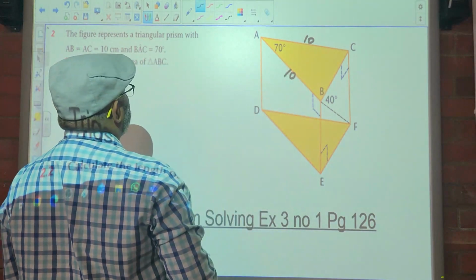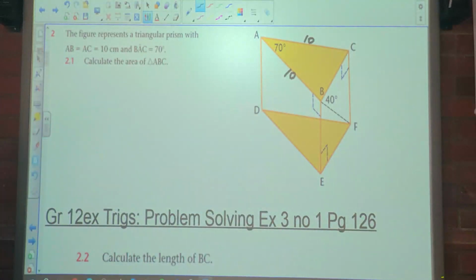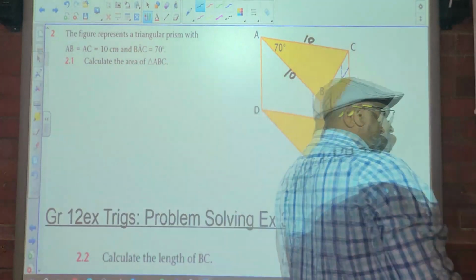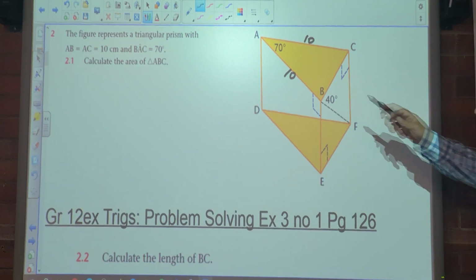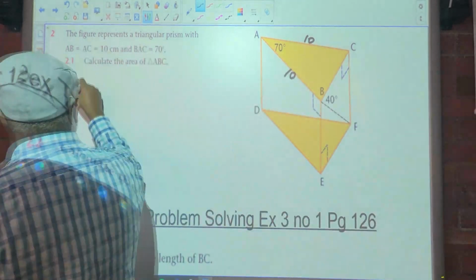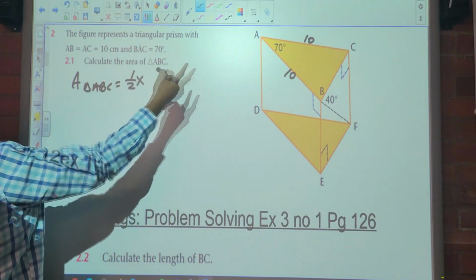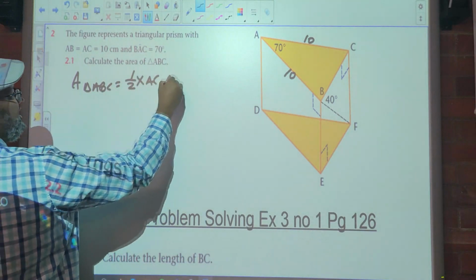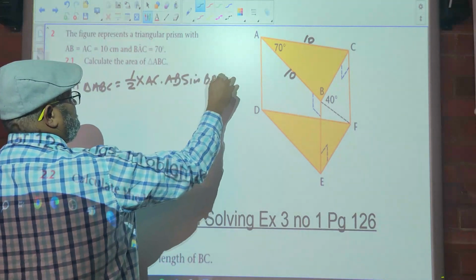The question says calculate the area of the triangle ABC. This is a non-right angle triangle, not so. So what do we need in order to calculate the area of a non-right angle triangle? We need two lengths and an included angle. In this case, I have two lengths and an included angle. So the area of triangle ABC is equal to half AC times AB times sine of angle A, which is the BAC.